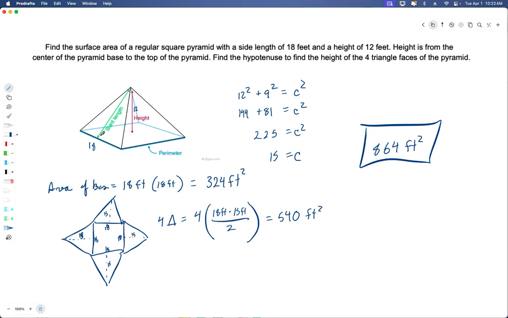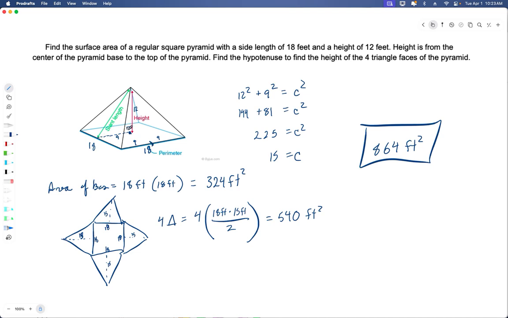To find the slant height, because this is in the center, if it's a square, this is 18 and this is 18. Half of 18 would make that 9 and 9, right? So height of 12, and then this is going to be a distance of 9.